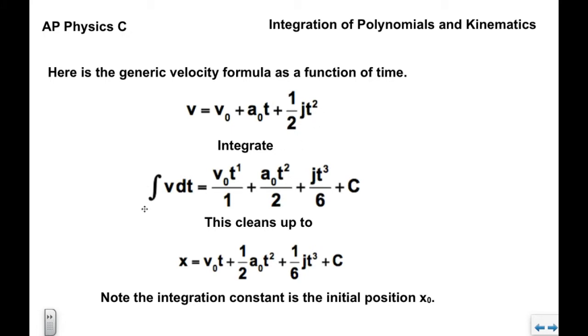When we integrate v with respect to t, we have the constant term v naught times t to the 0 plus 1 divided by 1 plus a naught t to the 1 more, which is 2, divided by 2, plus 1/2, we're going to have j t to the third divided by 3. There's already a 1/2 here, so 2 times 3 gives us the 6 down here, plus the integration constant c.